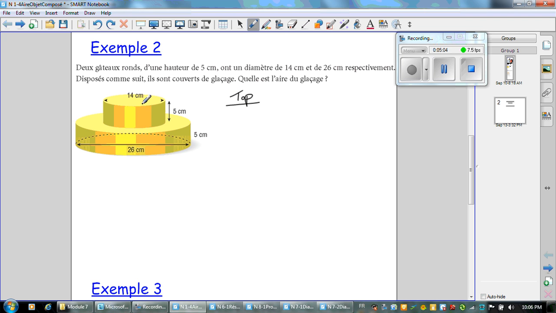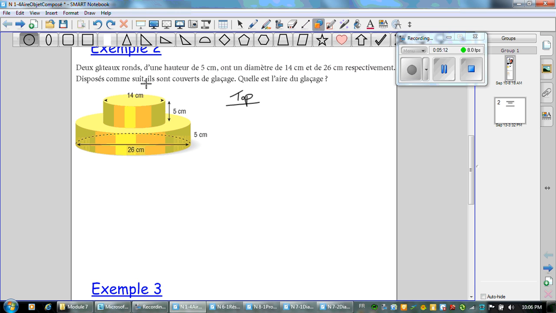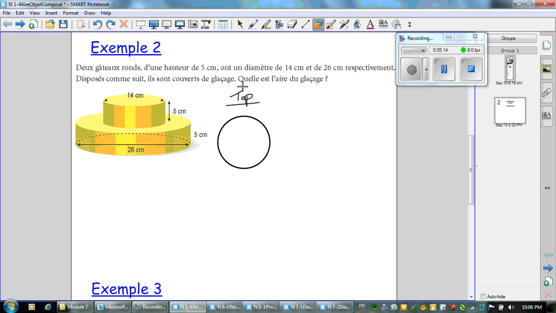So if I were to look directly above, I would see this circle and then a ring. But the ring and the circle together do a full circle. So then I just need to find the area of that circle, which has a total radius of, well, remember that the formula for the area of a circle is pi multiplied by the radius squared.